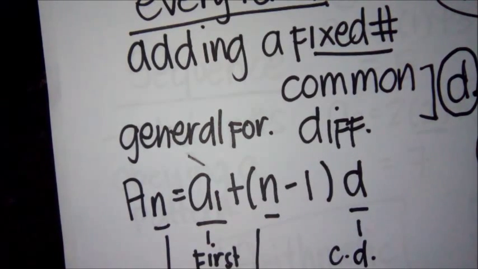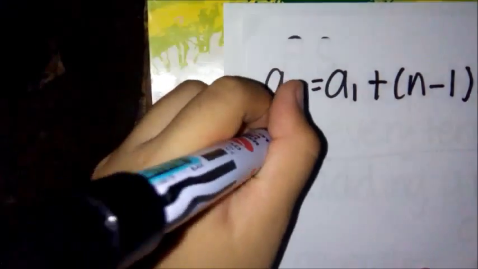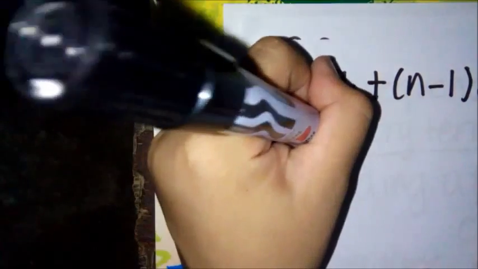So, as an example, to find your arithmetic sequence using a sub n is equal to a sub 1 plus n minus 1 times d, let us have a sub 1 is equal to 5.